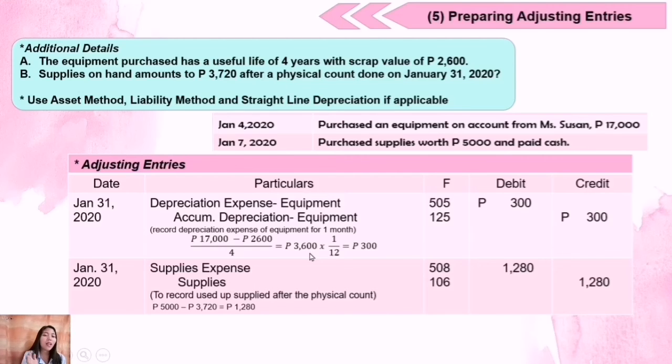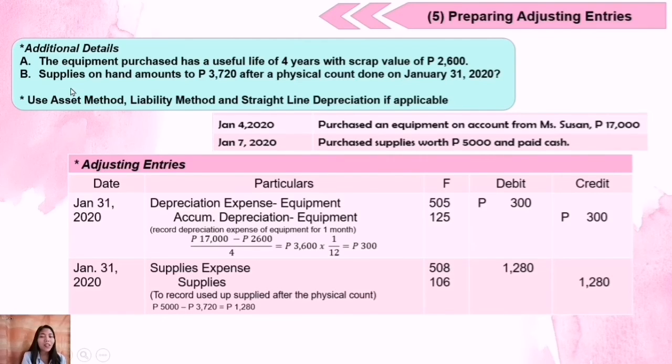Now, if this is the annual depreciation, we multiply it by how many months? We have 1 month because January 1 up to January 31, we only involve 1 month. We can just roughly estimate, January 4 to January 31 is almost 1 month. So we'll use 1 month depreciation, times 1 divided by 12. So we have 300 pesos.